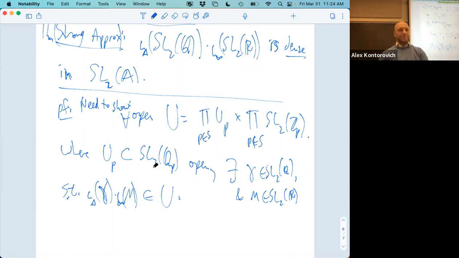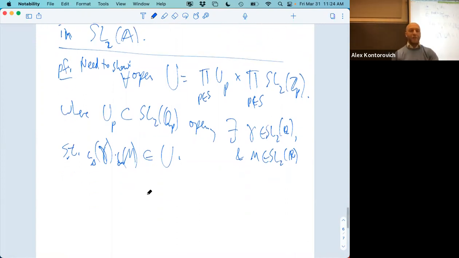The principle is you can choose your open set to be really small, and then this is a good approximation. That's what density is: any non-empty open set contains a point in the thing you're claiming is dense. Okay, so let's try to first get something. What does it mean to be in U_p?